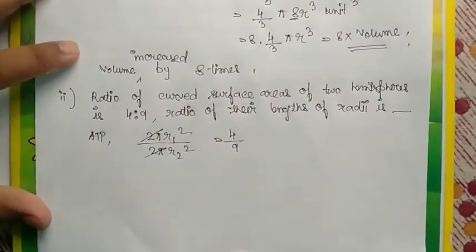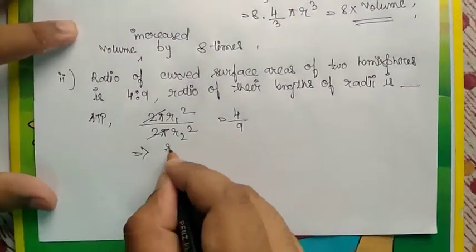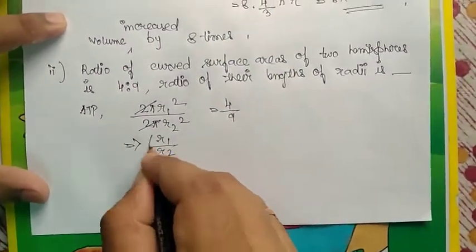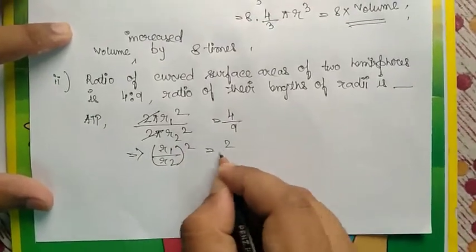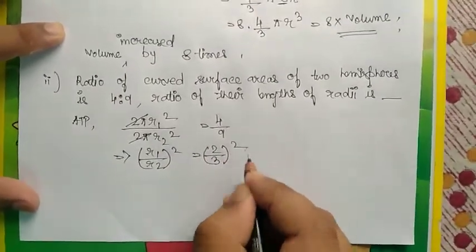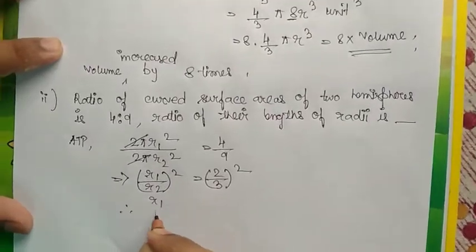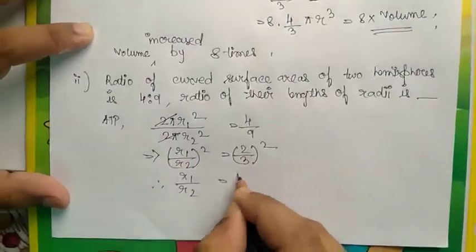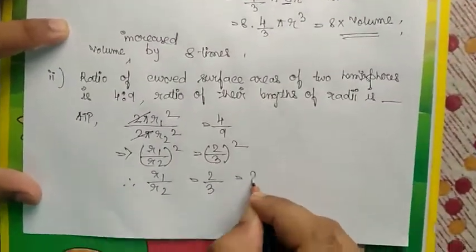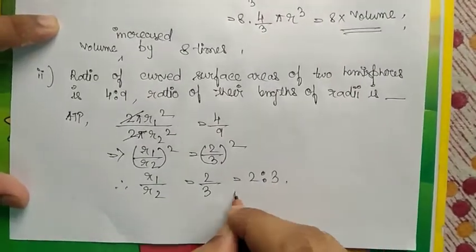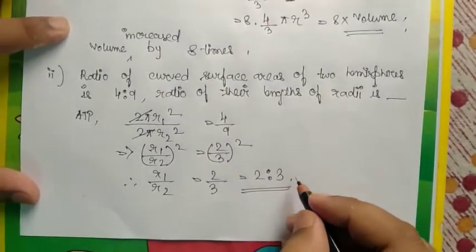Eliminate those. Therefore (r1 by r2) whole square equal to (2 by 3) whole square. Therefore r1 by r2 equal to 2 by 3, equal to 2:3.